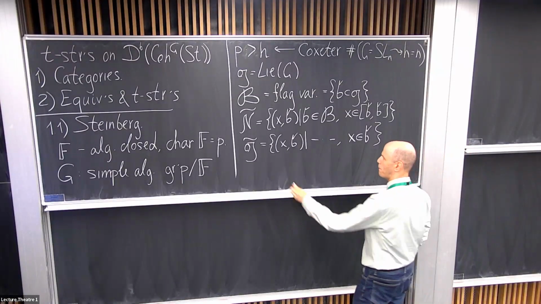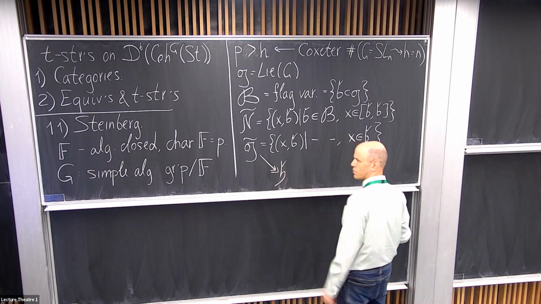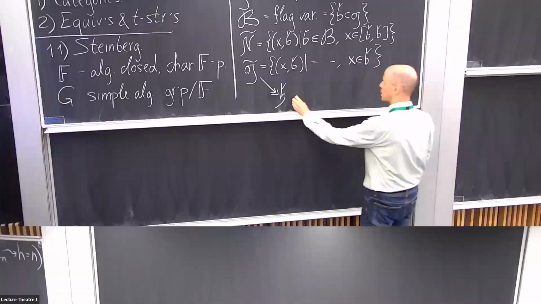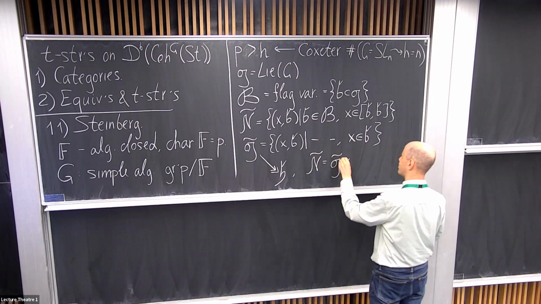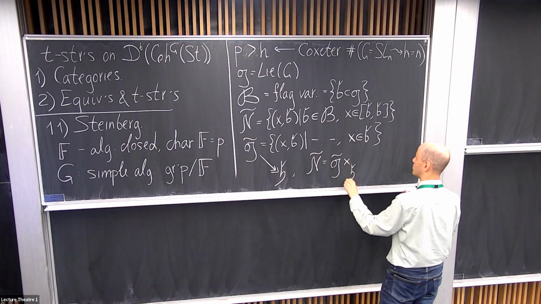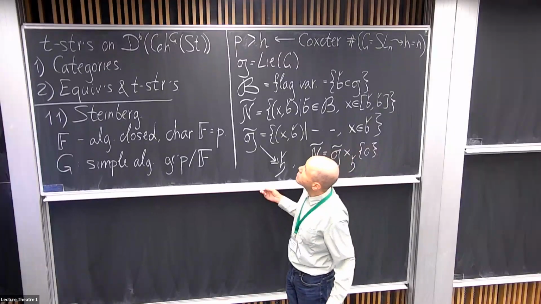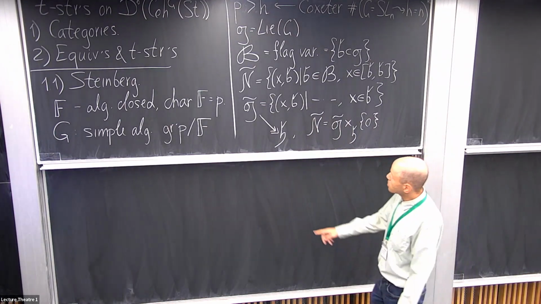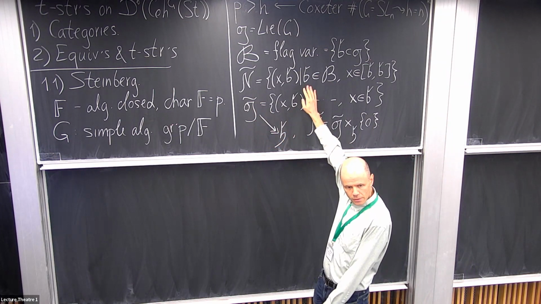In particular, this thing projects onto the Cartan subalgebra of g, and N tilde is the fiber over 0. And notice that both of these map into g just by forgetting the Borel subalgebra.